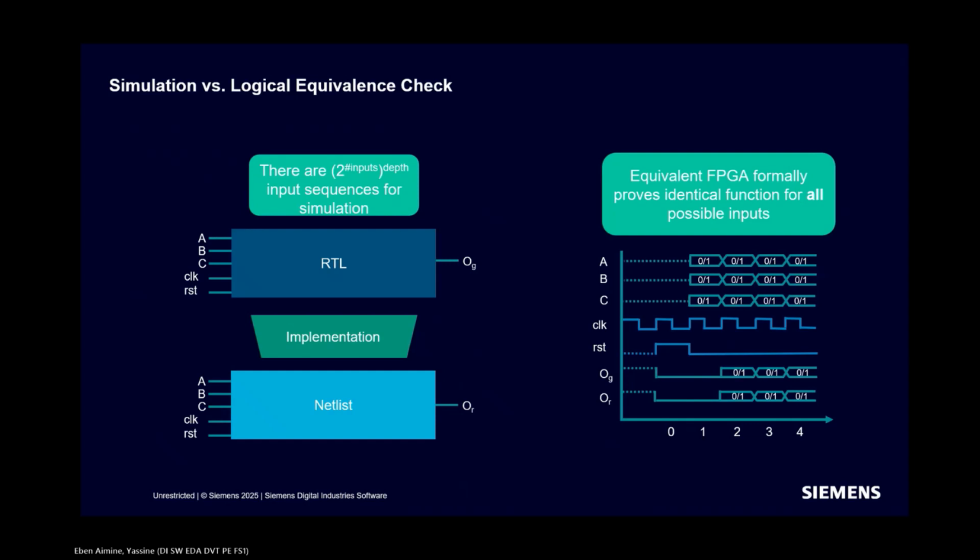Even if you did this, you won't be able to catch things like Trojan horses, because they are usually triggered using something very difficult to detect. That's the whole point. So logical equivalence checking basically automates this. It's using formal methods to do this.